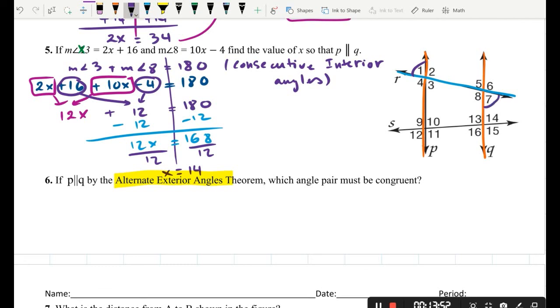They are across from each other, and they are also outside of the 2 parallel lines. So that means measure of angle 1 equals measure of angle 7. Okay. And the other alternate exterior angles are angle 4 and angle 6.